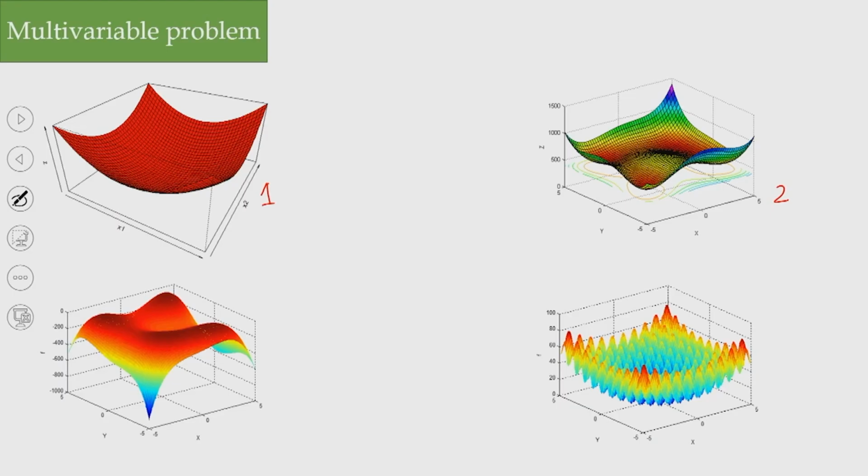The third one is also relatively difficult because in this case also we have more than one optimal solution. The fourth one is a very complex function. There are several local optimal solutions of this problem, and one of them is the global optimal solution.